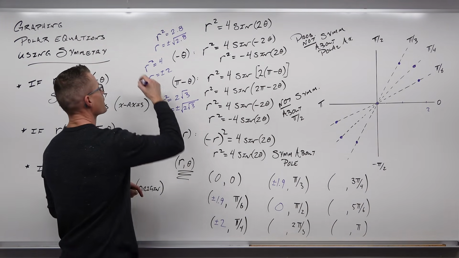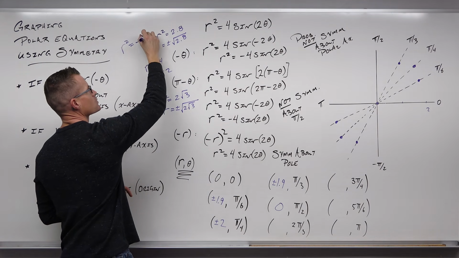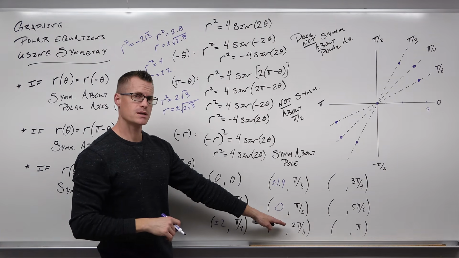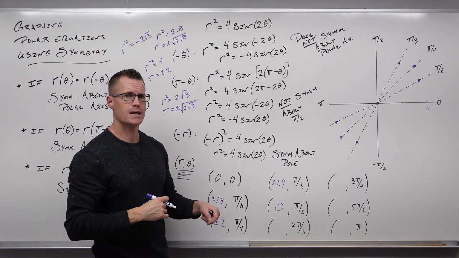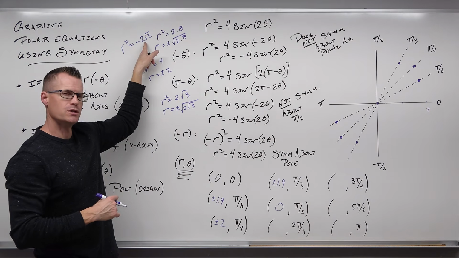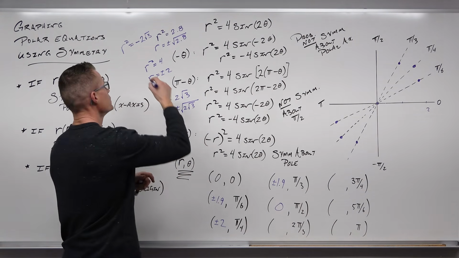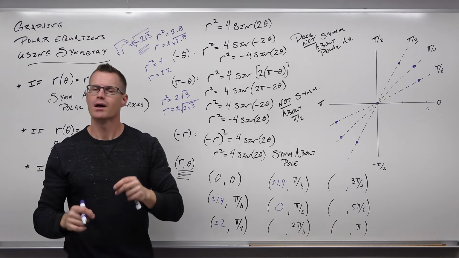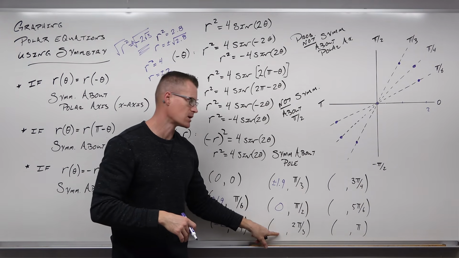If r squared equals negative 2 square root 3, take a square root. What's going to happen? You're going to have a negative inside of a square root. That's an imaginary number. This can't happen here.